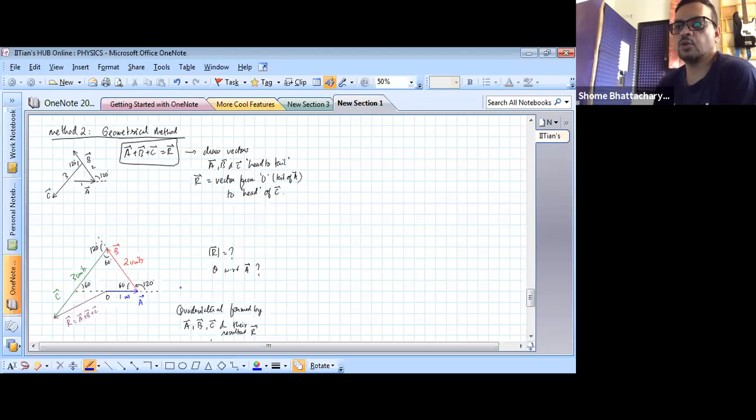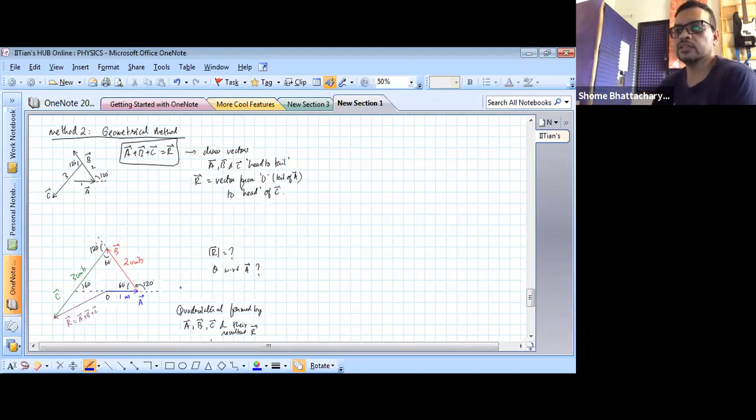If these were more random vectors, then we wouldn't have found any symmetry like this, and it would be geometrically very difficult to calculate. But because they have a certain kind of symmetry, that their angles with respect to each other are 120 and they are of magnitudes 1, 2 and 3, we are able to do this geometrical solution also. So the general method is always the component algebra.